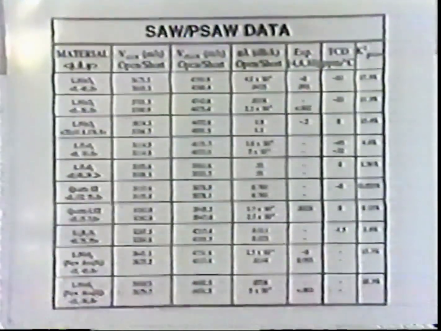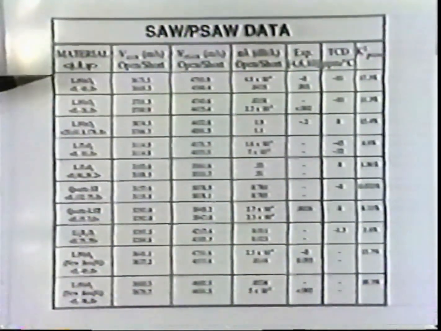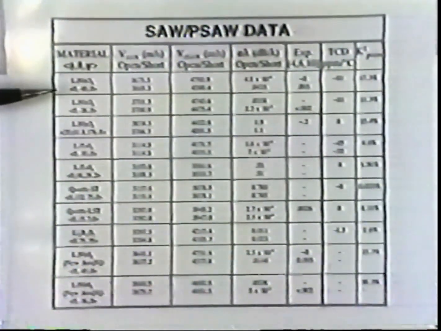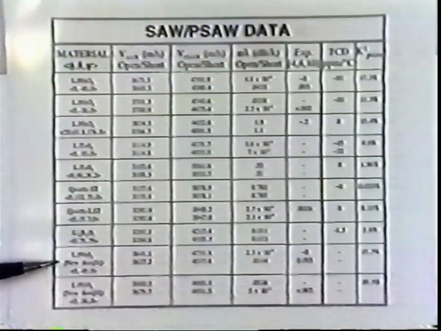Now, I'm not going to go through all of the sheets that are in the handout, but I think I want to go and take a look at some of the data in the tables. One thing I want to point out in this table is that you'll find the lithium niobate first and second entries repeated as the last two entries.